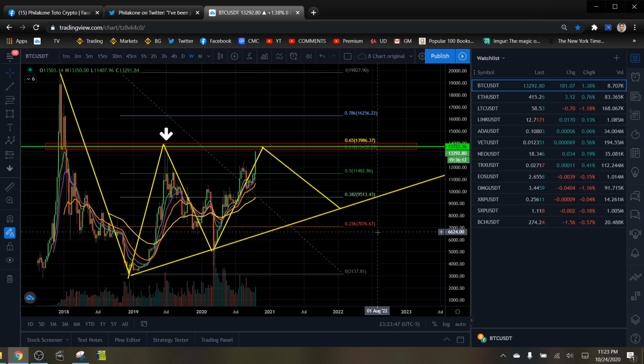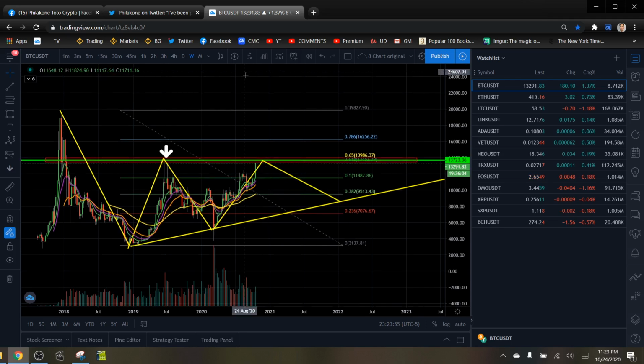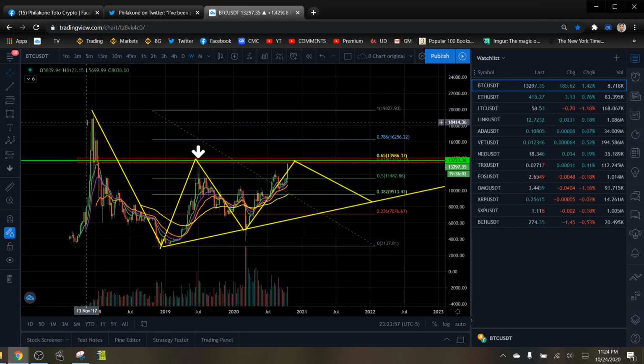I'm getting really excited right now because this is such a pivotal moment that it just gives me goosebumps thinking about it, because we're now, for once, playing against a major structure from the major bull market in 2017. Does that make sense?